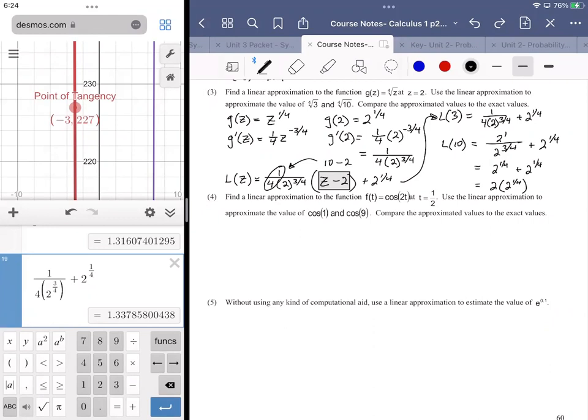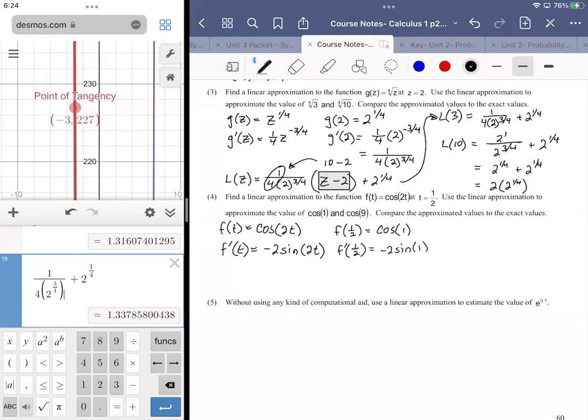Right, and that's fine. So f of t is cosine 2t, f prime of t, the derivative of cosine is negative sine, so negative 2 sine 2t. I'm going to evaluate each of these at 1/2. So I plug in a 1/2 for t, I'm just going to get a cosine of 1. Plug in a 1/2 into my derivative, I'm going to get -2 sine also of 1.